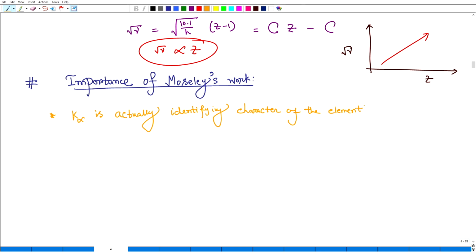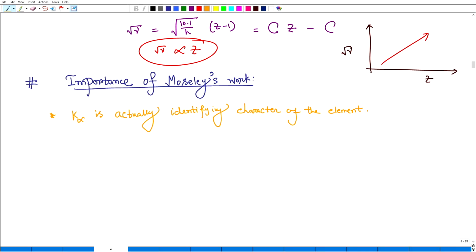That's why, because if you change the element, the K alpha peaks change, as I discussed earlier, that K alpha is totally element character. If you change the element you will change the Z, and if Z is changed, the energy of the levels will be changed, and thereby the energy gap, transition energy will also be changed, which actually changes the frequency of the emitted photon of X-ray. So that is the case.